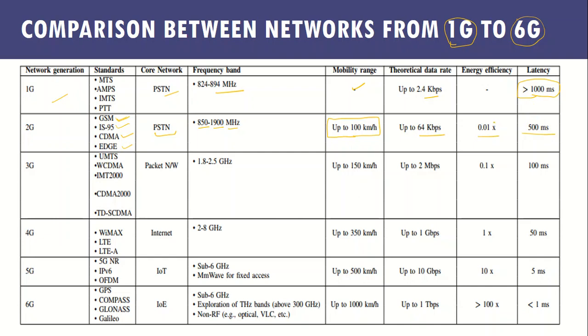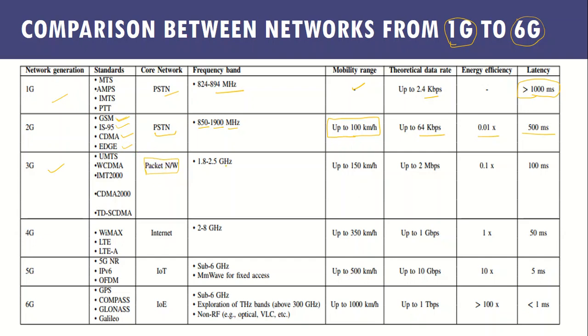In the third generation, in 2000, UMTS, WCDMA, and CDMA techniques are the standards used in 3G. Here the core networks use packets, PSTN was removed, the analog system was removed, and digital data transmission techniques are used.